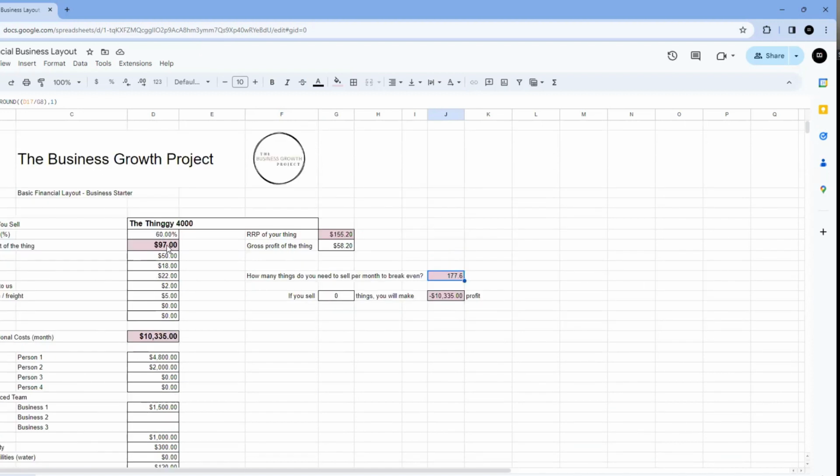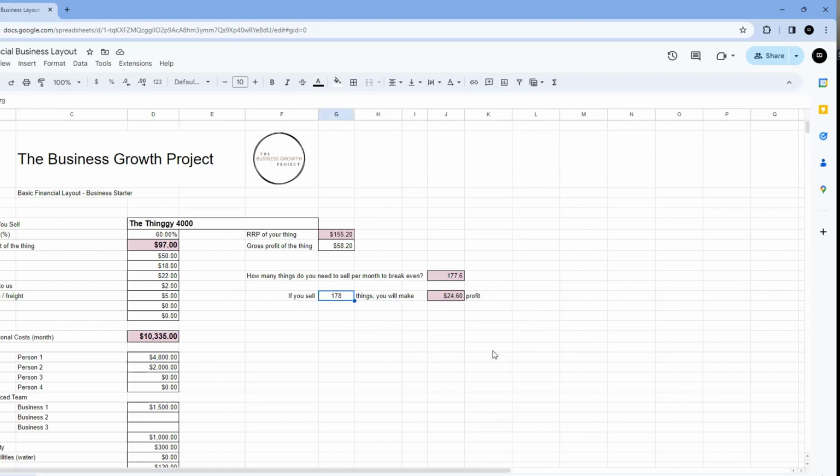And our item is costing us $97 per item. So our sale price over here, that means that we need to sell 177.6, so 178. So if we say 178 items here, we will make $24 profit. That is terrible.